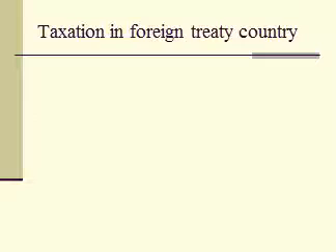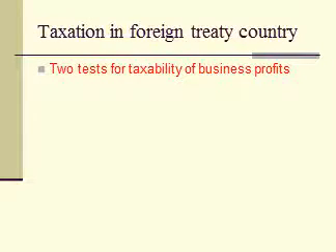Let's start with a look at the basic rules for the taxation of U.S. companies that make sales to customers in foreign treaty countries. As explained in the text at 11.05, in order for a U.S. company to be taxable on business profits from its sales to customers in a foreign country with which the U.S. has an income tax treaty, which we refer to as a treaty country, two tests must be met.